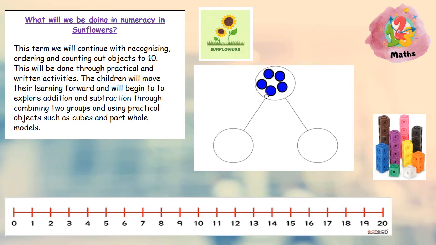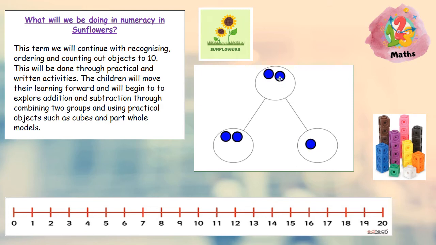So here we have 5 counters. So what we would ask the children to do is put 5 counters at the top, or whatever number, 10, 8, whatever number we're working on. And then the children are asked to move the counters down into the parts. All the counters need to be moved out of the whole.